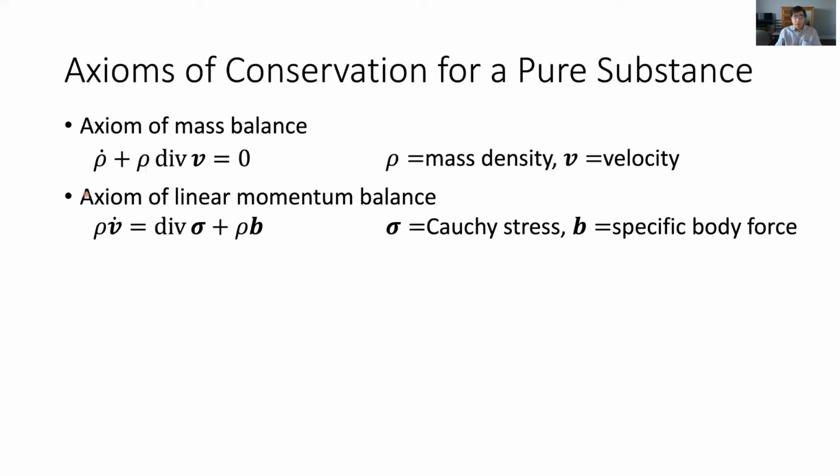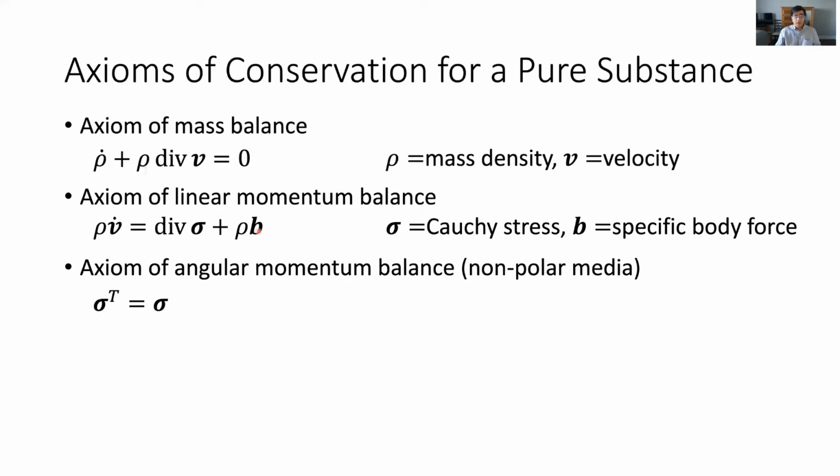The axiom of linear momentum balance is the density times the acceleration is the divergence of the stress, that's the Cauchy stress, plus the body forces. This is the body force per mass, or the specific body force. The axiom of angular momentum balance for nonpolar media says that the stress is symmetric.